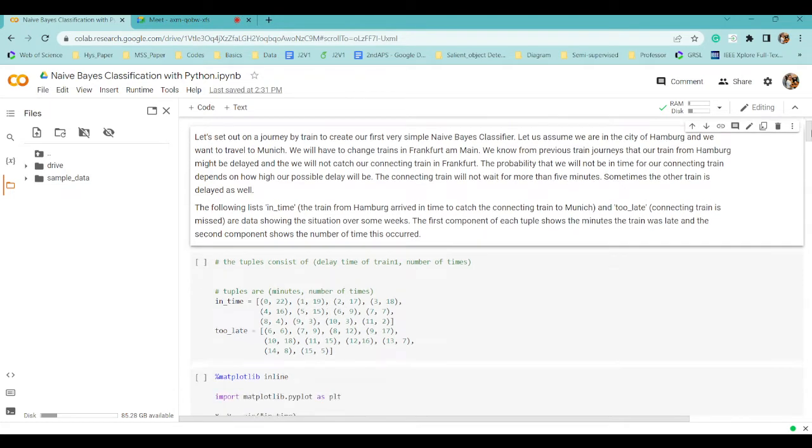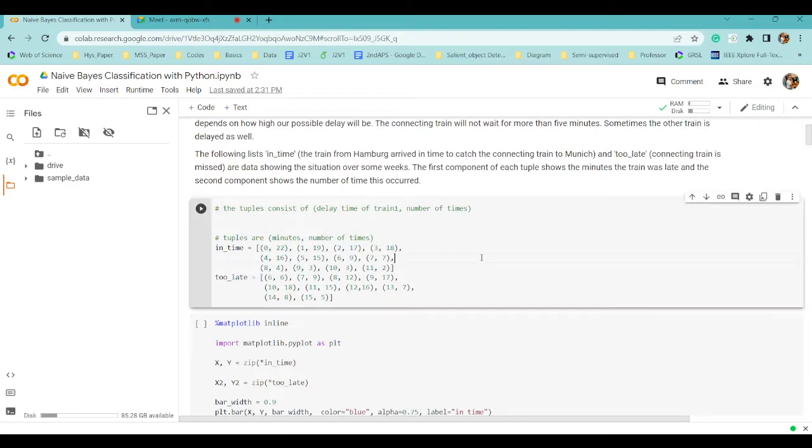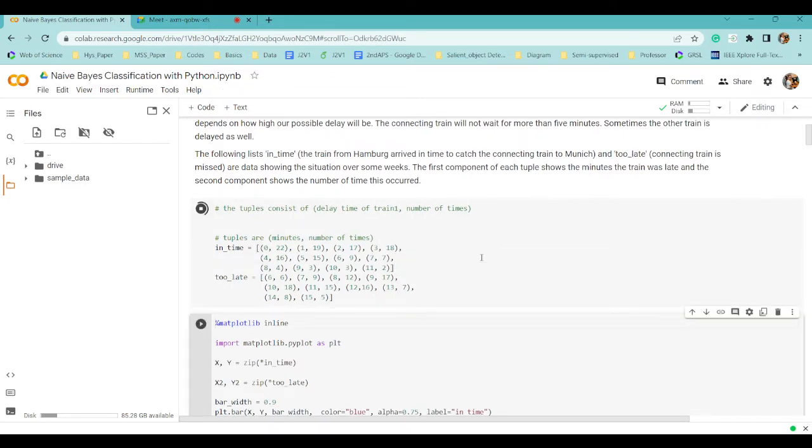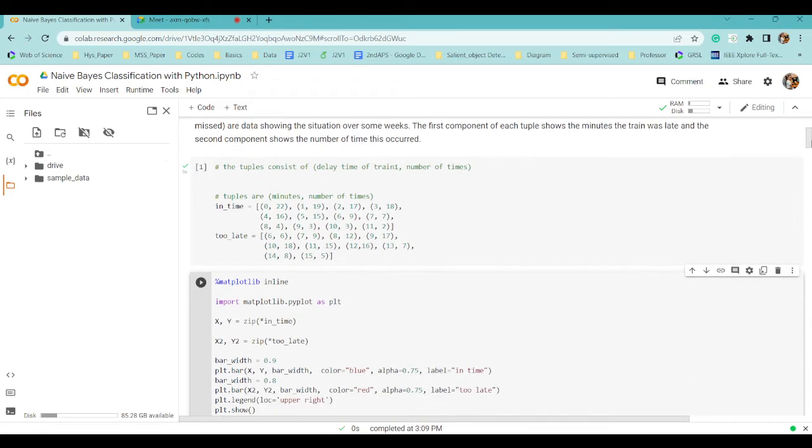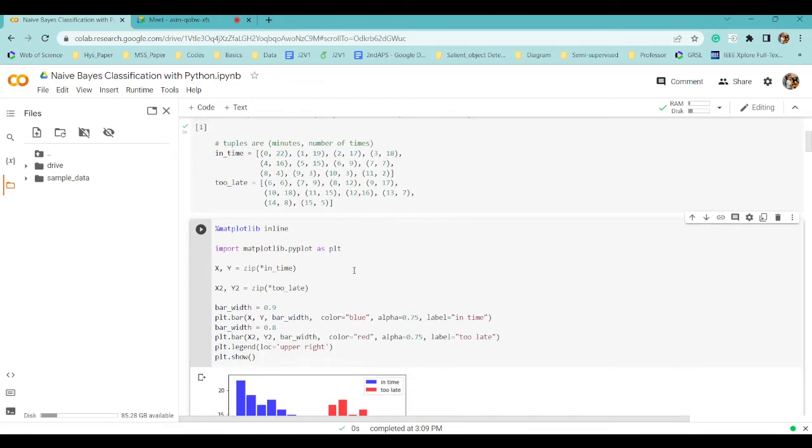Now we will see, this is the data set which has been provided, a data set that has been created. My second task is to plot with matplotlib. I firstly need to see how many times the trains are in time and too late, because looking just at the numbers in the data set is clumsy and not very convenient compared to seeing it graphically, right?